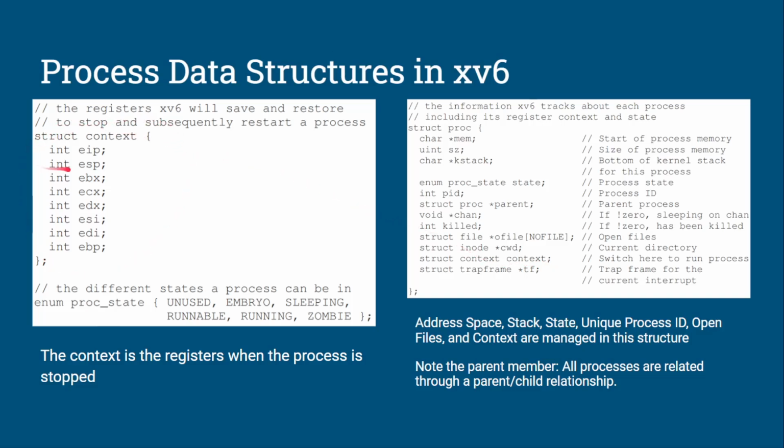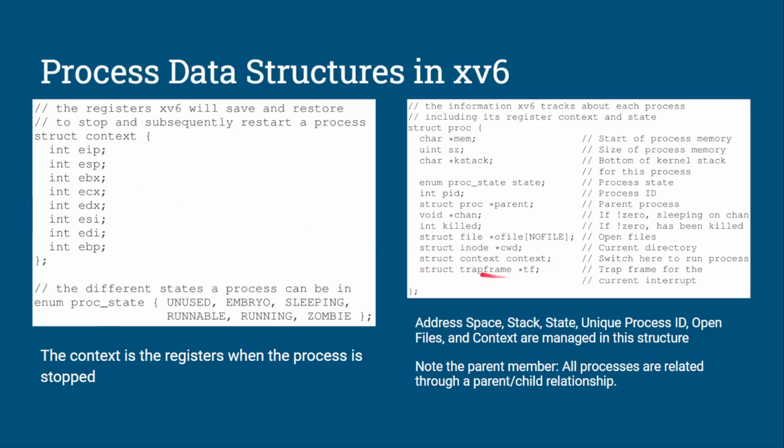Notice that the context is named after various registers, such as the instruction pointer, the stack pointer, and other variables. Now this is for Intel stack switching. This is not for RISC-V. Ours looks quite a bit different in the current XV6.